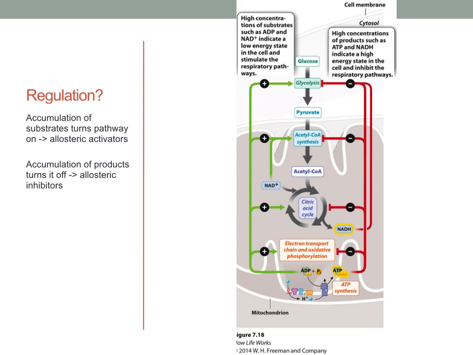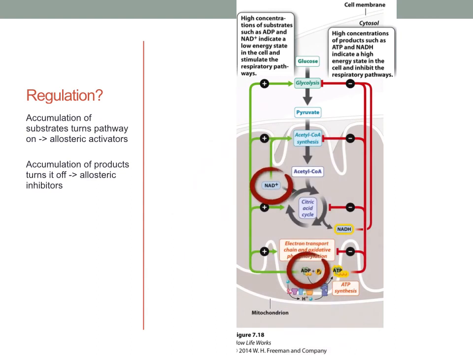How is this all regulated? So we will play here with enzymes that are called allosteric. If you remember the chapter on enzymes, we said that some substances could change the shape of enzymes and make them more or less active. It is the case here with allosteric activators and allosteric inhibitors.